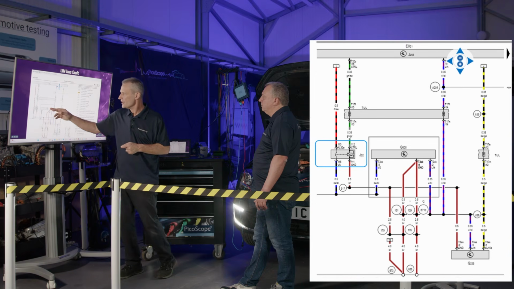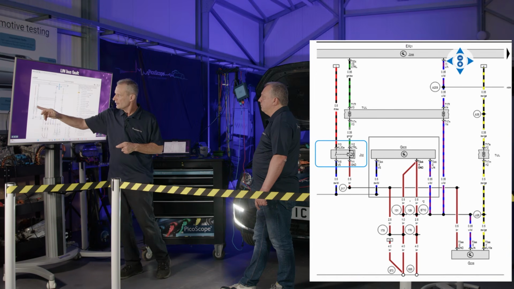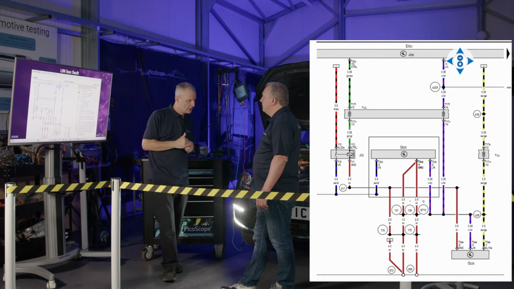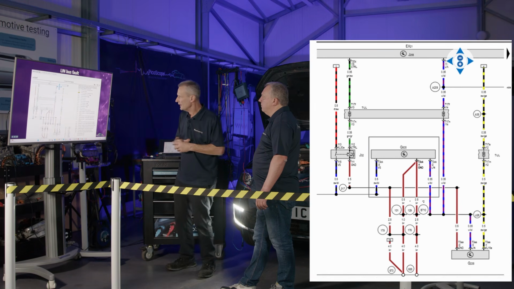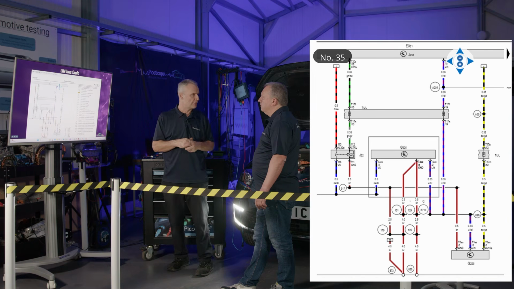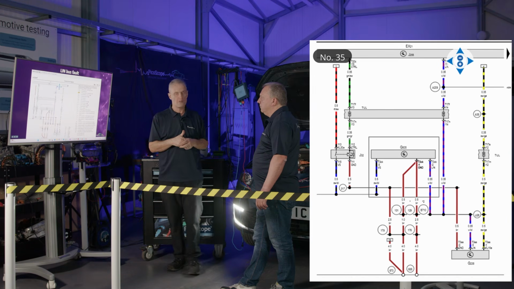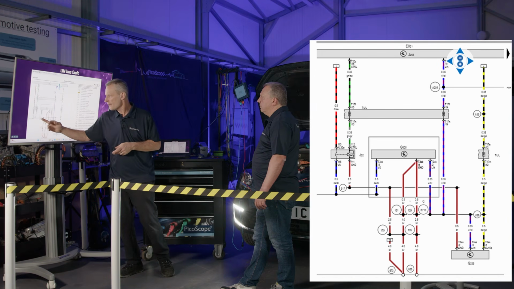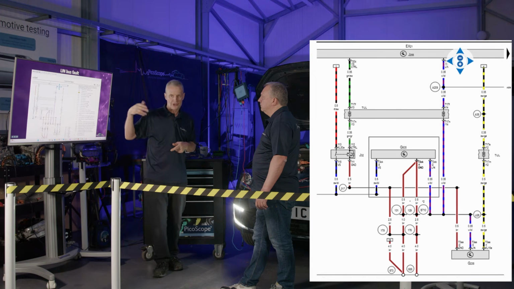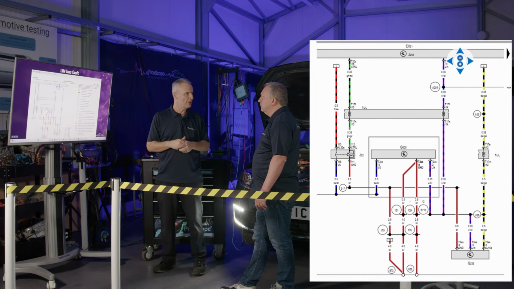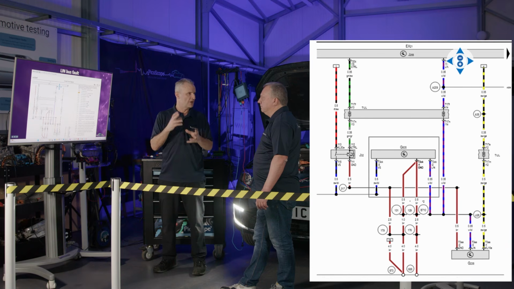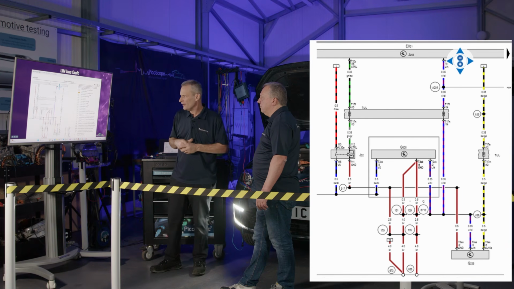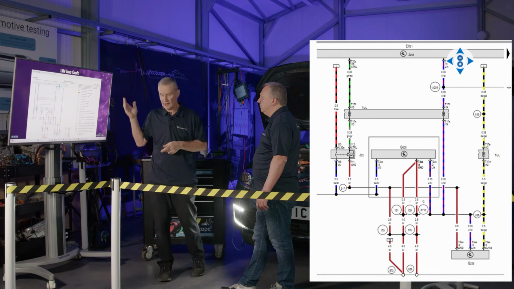J32 powers up the pressure switch via a power supply, which goes to the fuse box in the engine bay, and I think it is fuse 35. So if fuse 35 blows, there is no power supply. Equally, because it's coming through a relay, it'll be powering far more than just that, which starts to fit with the multiple errors that we've got. So on that note, let's test, let's have a look.